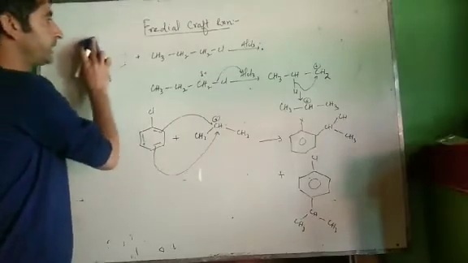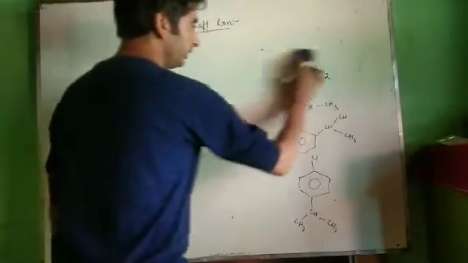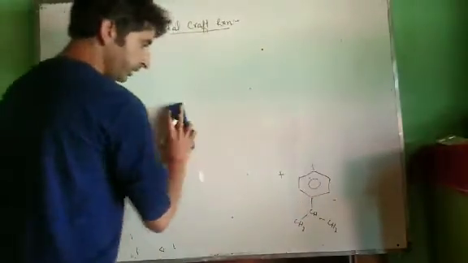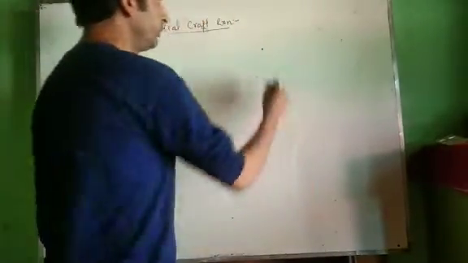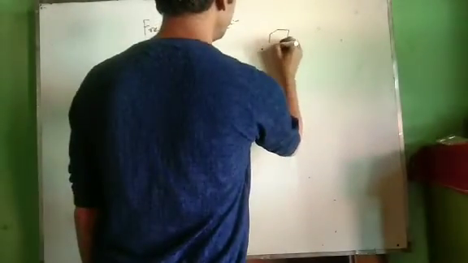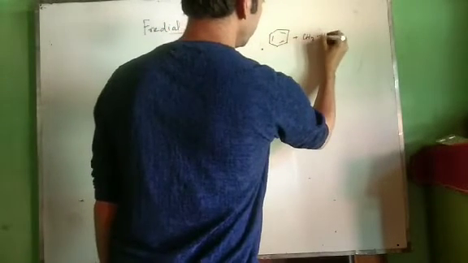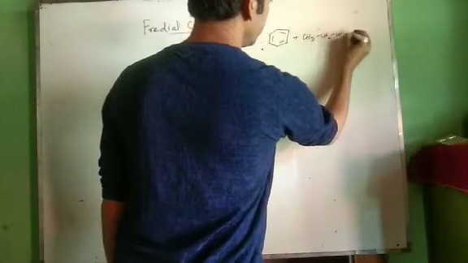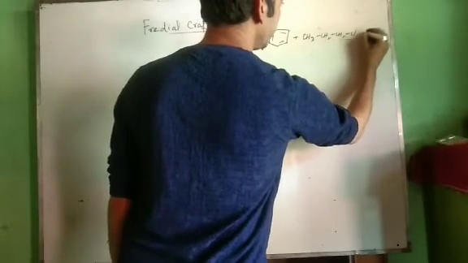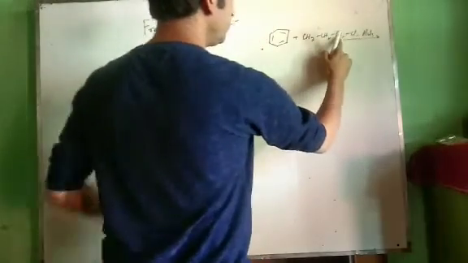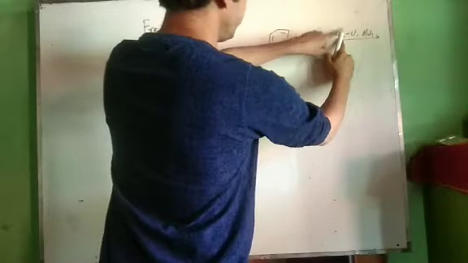A question of this type has been asked in recent exams in 2017 or 16. I do not remember exactly the date of the question. The question was like this: What is the product A of the reaction? The reaction was benzene treated with CH3CH2CH2Cl in presence of AlCl3. Now this carbon cannot be attacked because it is a primary carbocation.